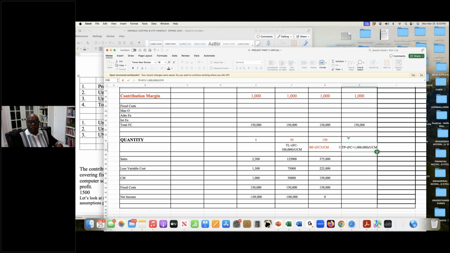So let's see if we can put it in here in equation format. It's going to be equal. I'm going to put double parentheses in here, and I'm going to click on the fixed costs.